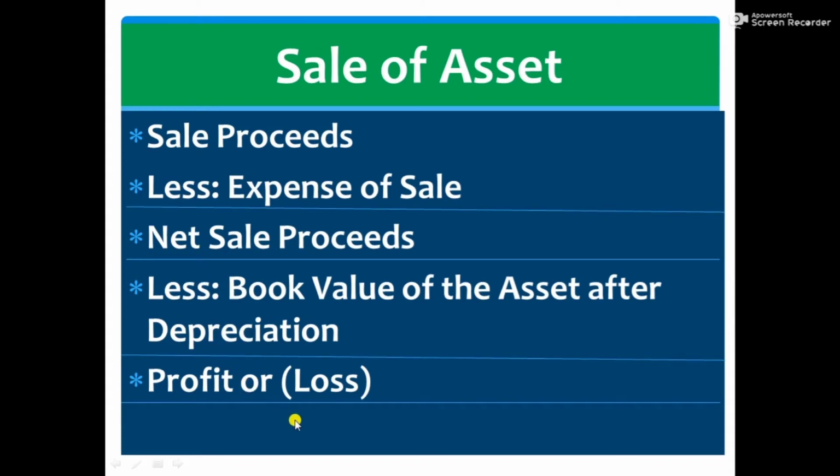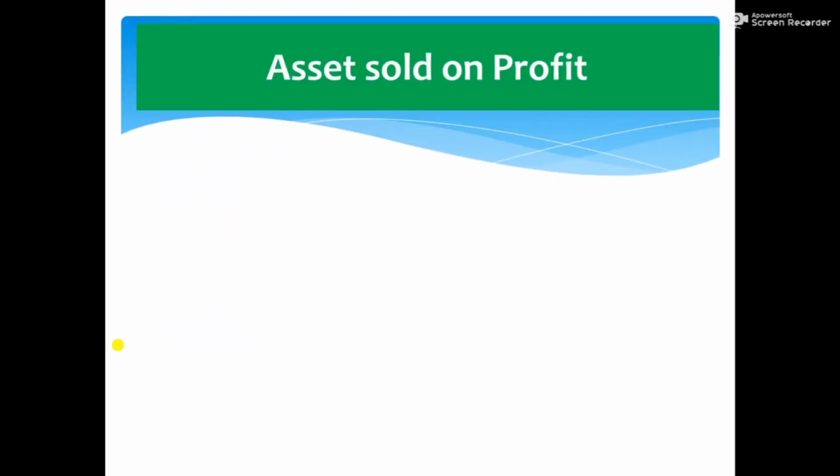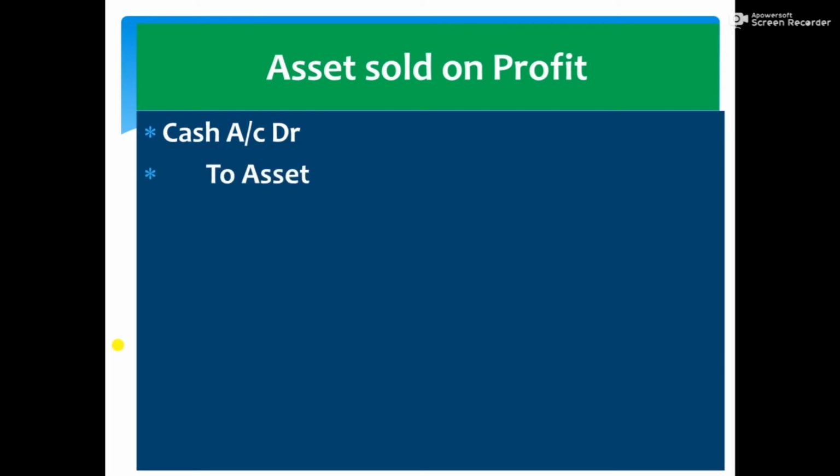We will see the journal entry if the asset is sold on profit. Bank account debit, that is the net amount received after deducting the expense on sale, that is the amount to be debited, to asset, that is the book value of the asset on that date. After depreciation, whatever the book value is, that amount is to be credited in the asset account.